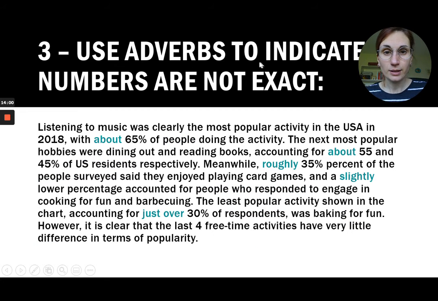Next, use adverbs to indicate numbers are not exact. So I saw in the survey they mark 60%, 70%. They don't mark anything in the middle. So I don't know exactly what the percentage was. So I can use about, roughly, slightly, just over.